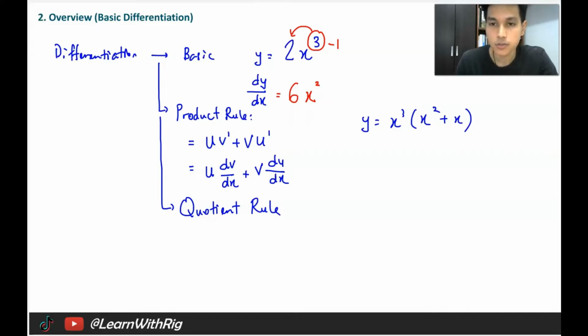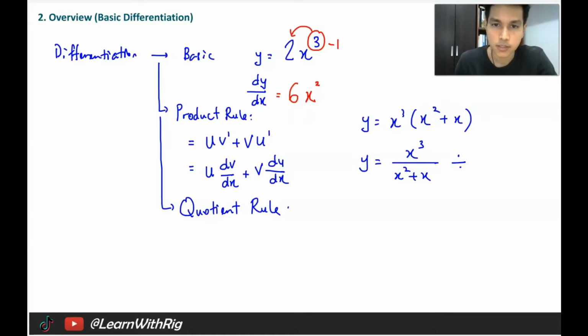This one is product rule, because you have this times this. But if you have, for example, x cube over x square plus x, now this one is division, so because it's a division, you can use quotient rule.